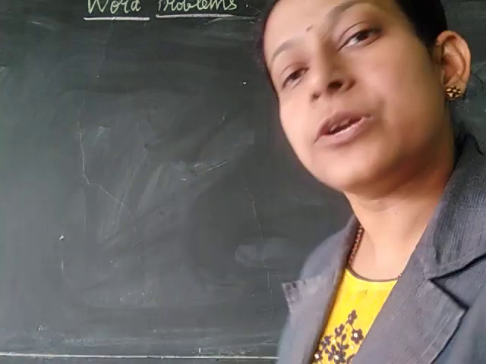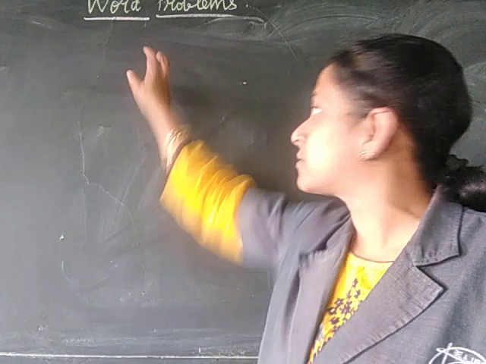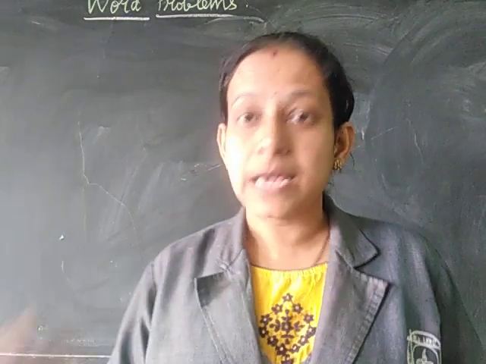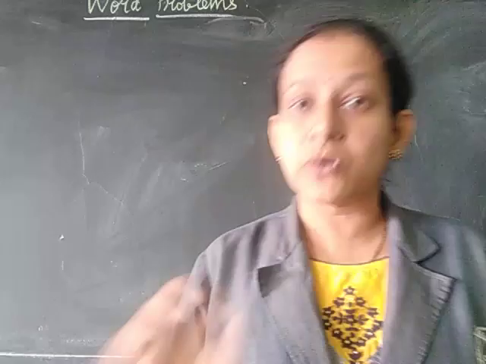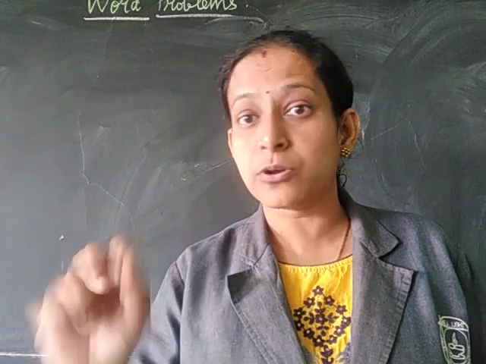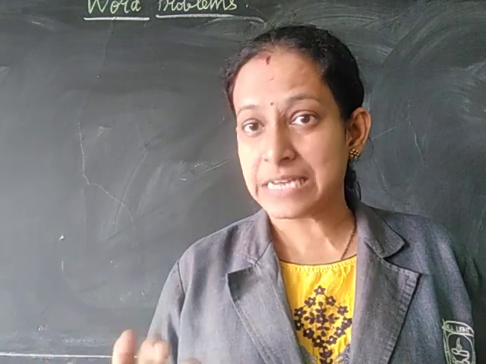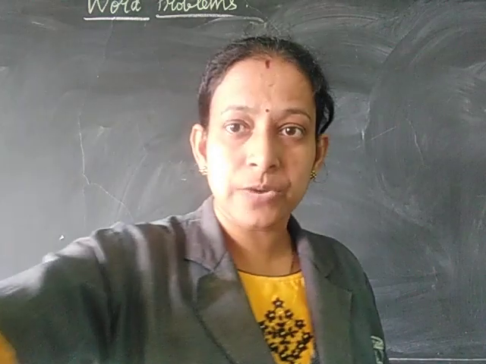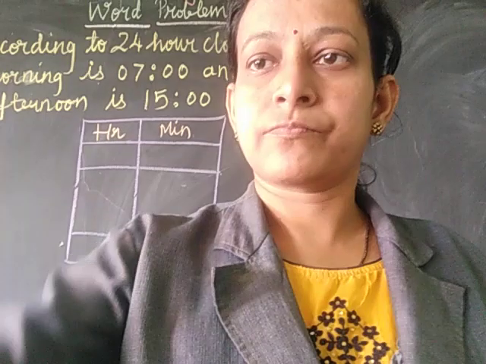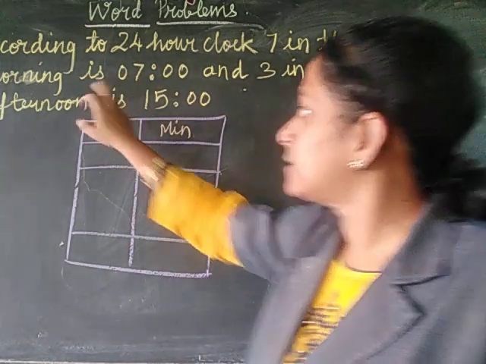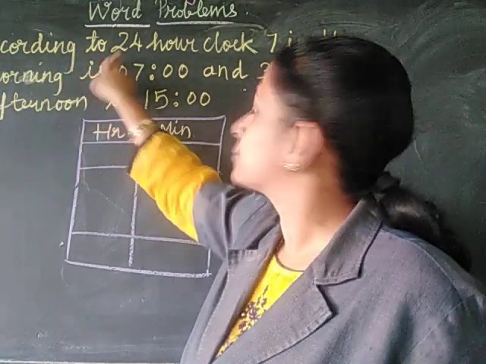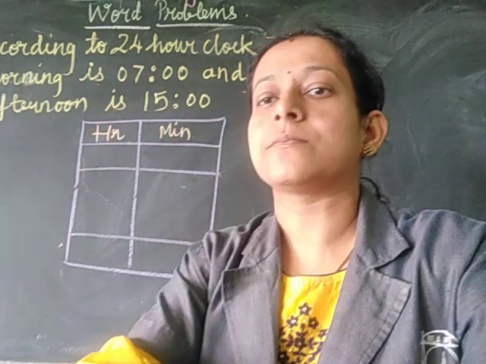So for that, we have to write according to the 24-hour clock: 7 in the morning is 7, colon 00, and 3 in the afternoon will be 15 hours.